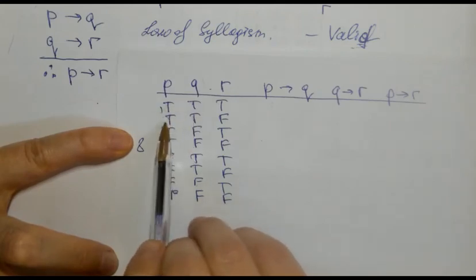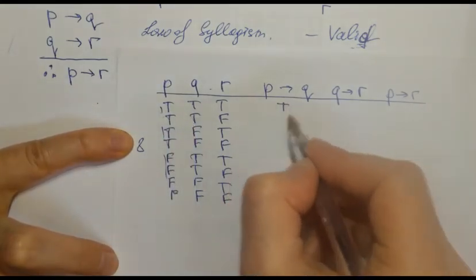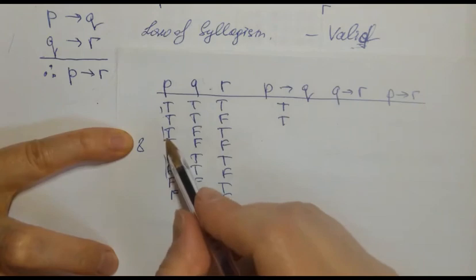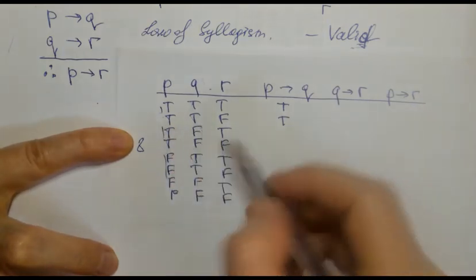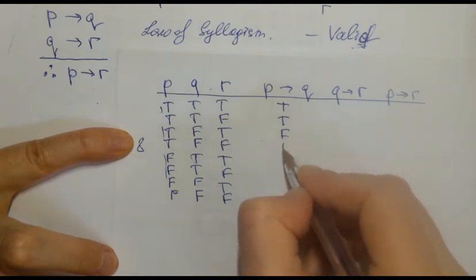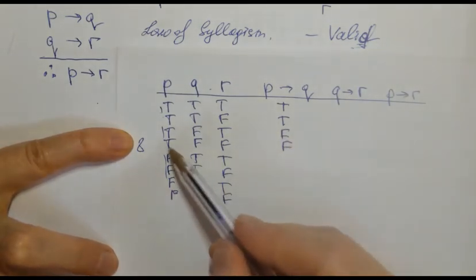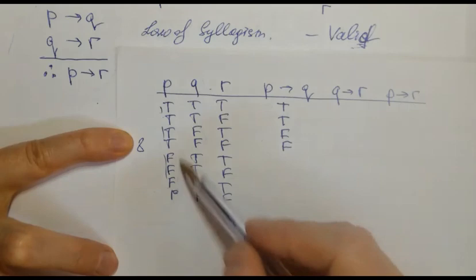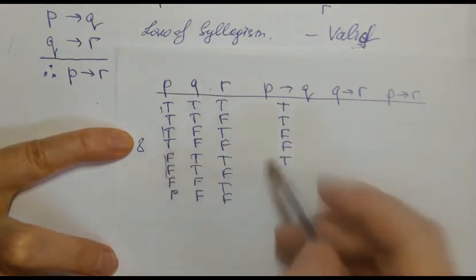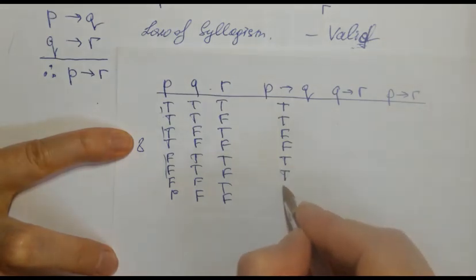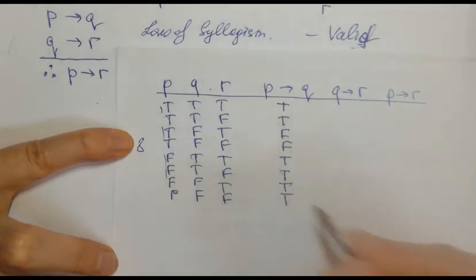So if P then Q, P is the hypothesis in this statement, and Q is the conclusion. If the hypothesis and conclusion both are true, then the conditional is true. In the situation that hypothesis is true and conclusion is false, the conditional is false. And if a hypothesis is false, the conditional is true, doesn't matter what the conclusion is.